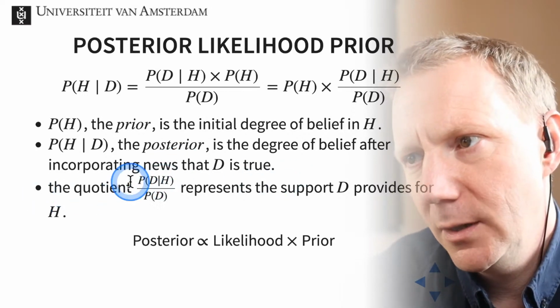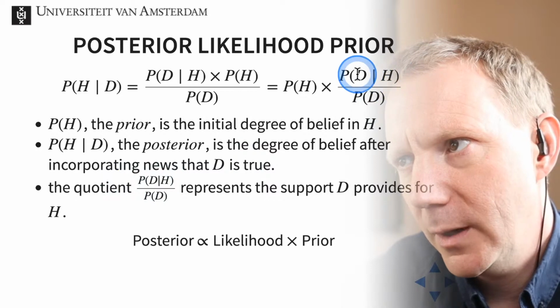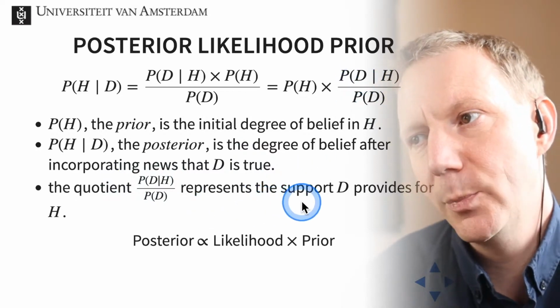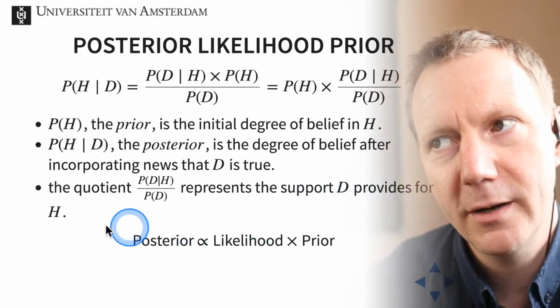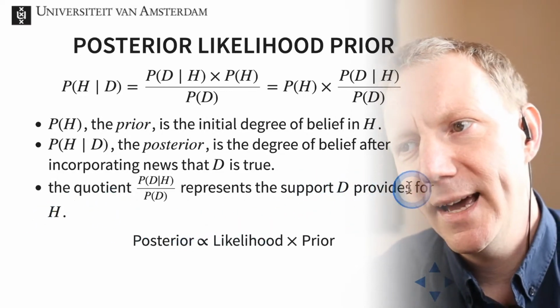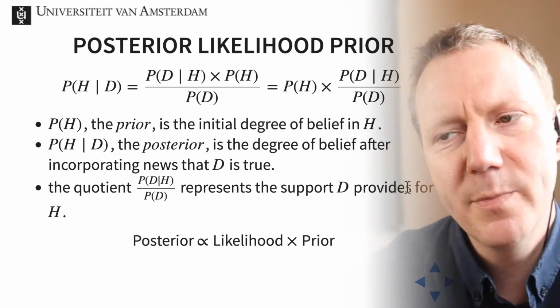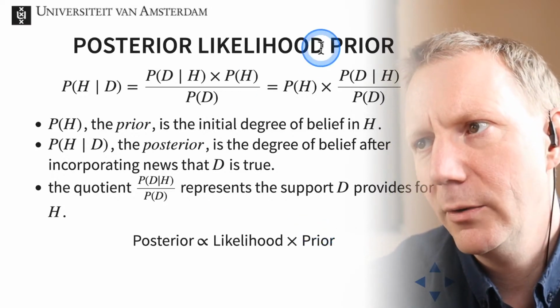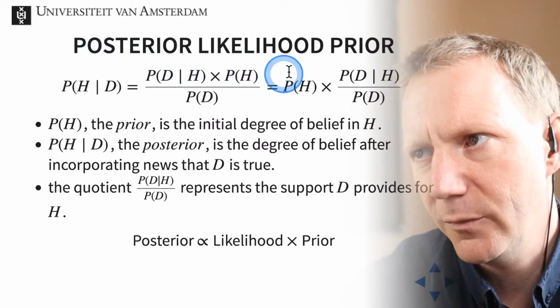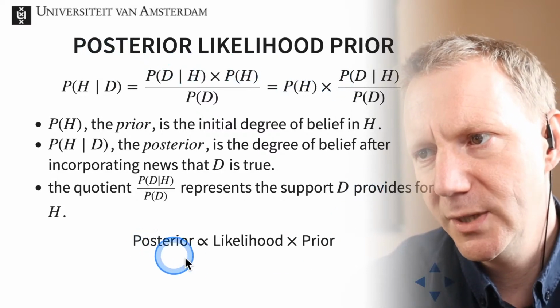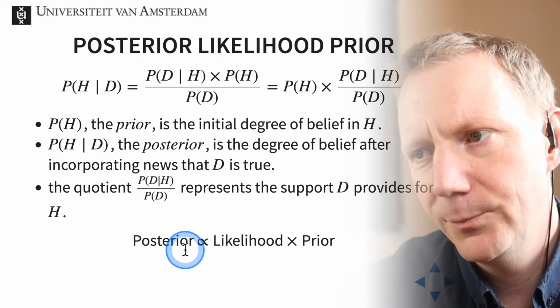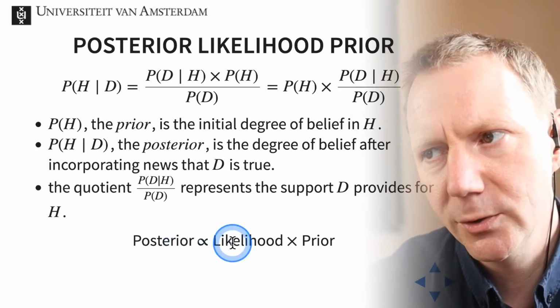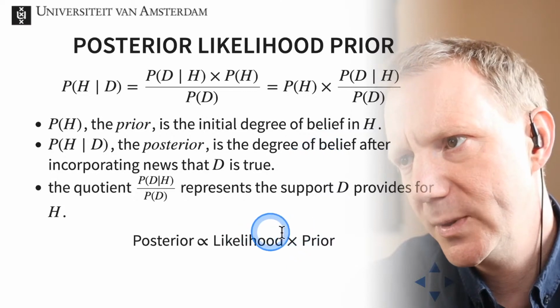And the quotient that we have up here represents the support that the data provides for your hypothesis. And the step that the Bayesians make here is essentially going from this top formula into this one, where it states that the posterior belief is proportional to the likelihood.